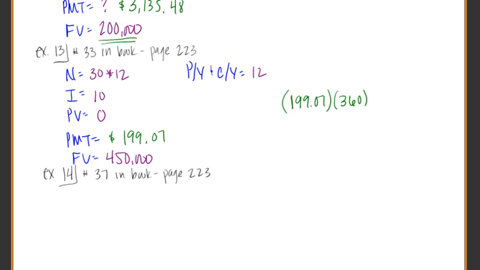So she's only spending $71,665.20. That's all that she's actually paying out of her pocket. Look at the difference between that and $450,000. That's basically $378,000 in interest.